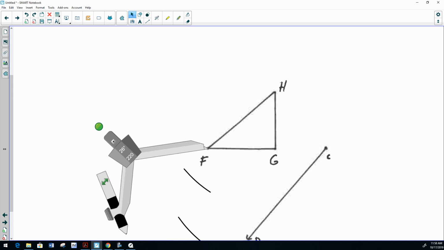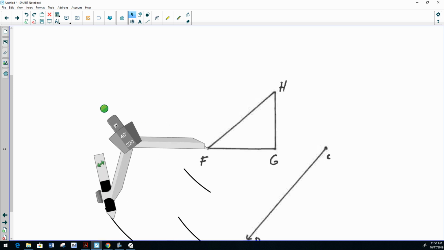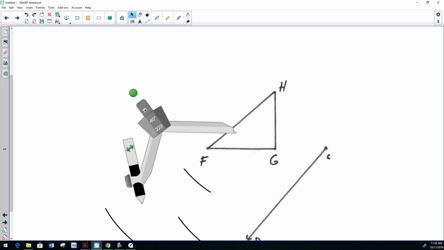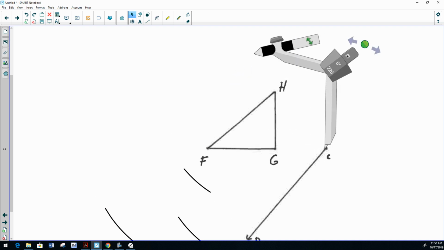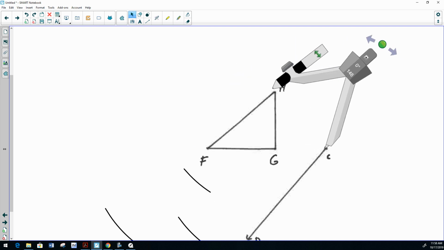I'm going to measure H. Slide that over. That's the location of H prime.